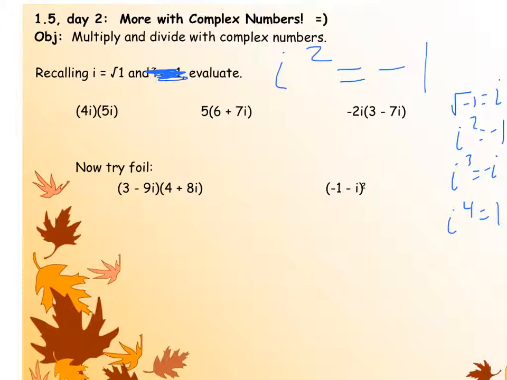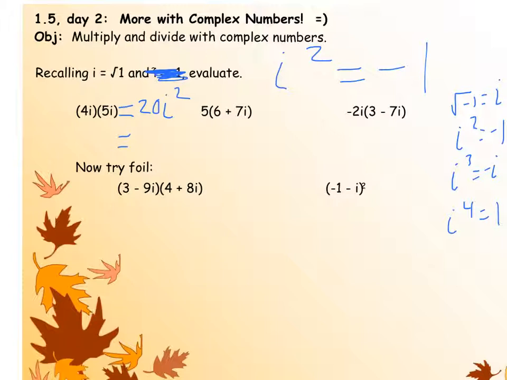If I had 4i times 5i, so I have two numbers that are just strictly imaginary. All right, those don't have a real component. That would equal 20 times i squared. Okay, again, i is not a variable, but as far as properties of exponents go, you can kind of treat it like it is. Okay, i times i is i squared.